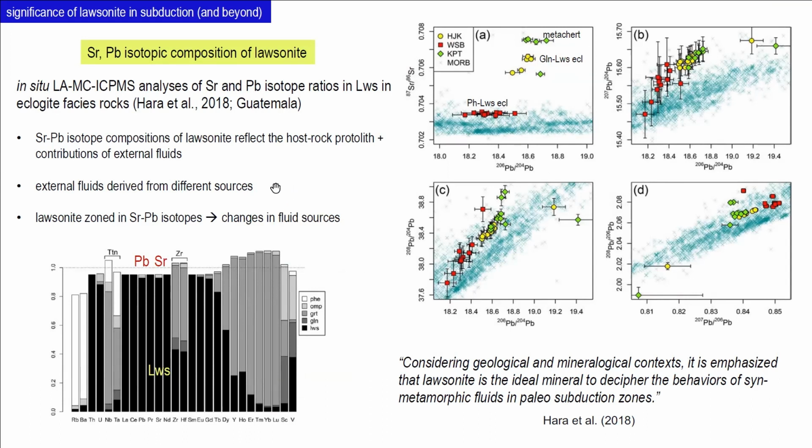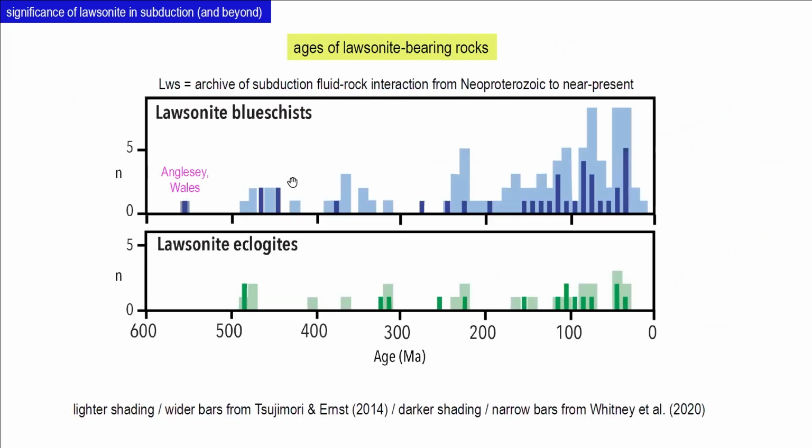They've proposed this as a method for tracking what the external fluid sources were and how they might have changed through time. So I'm showing you some complex figures here and not really explaining them, but the point is there's lots of things we can do with lawsonite that give us important information about the environment of subduction zones.